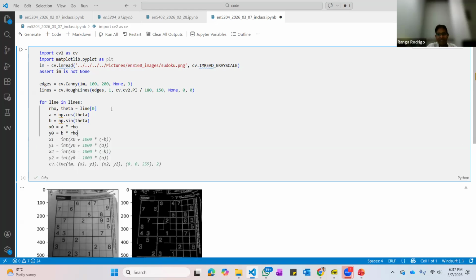This is the normal parameterization. Then you have to compute two points on that line, x1, y1, x2, y2, and then you can draw with cv.line on the image. I think we have to make a copy of that image, so let's make a copy of that image.